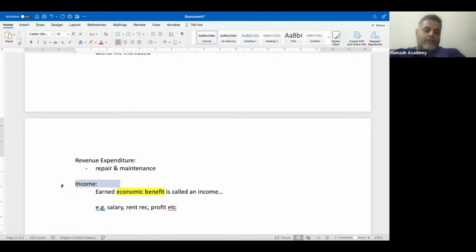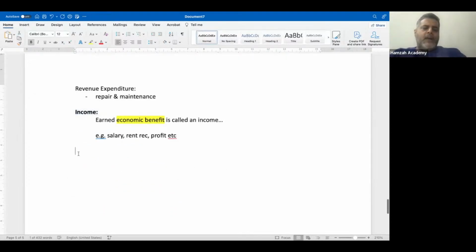Then after the income, we have another term called the liability. Liability is what we owe. That is, whatever we owe, whatever is our responsibility, that is going to be called a liability.